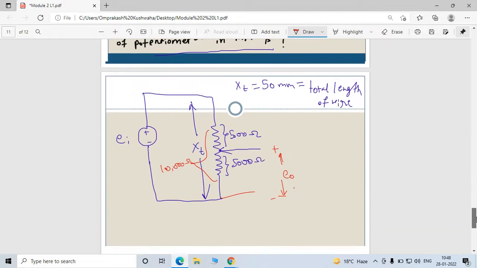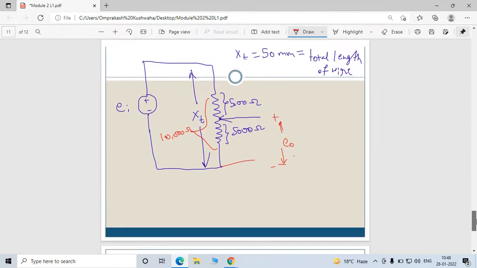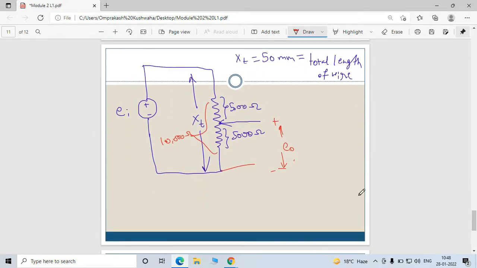So let's take case one. Before taking case one, it is better to find out the sensitivity here. Sensitivity is nothing but the change in output upon change in input.